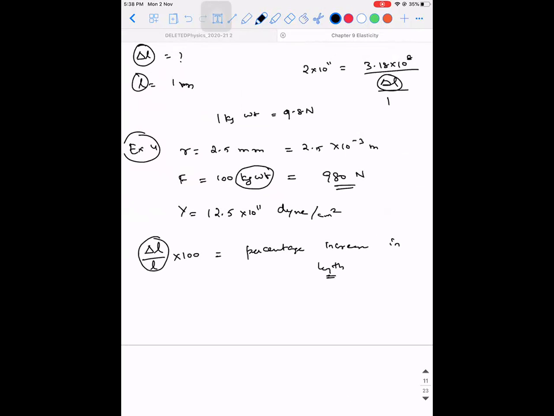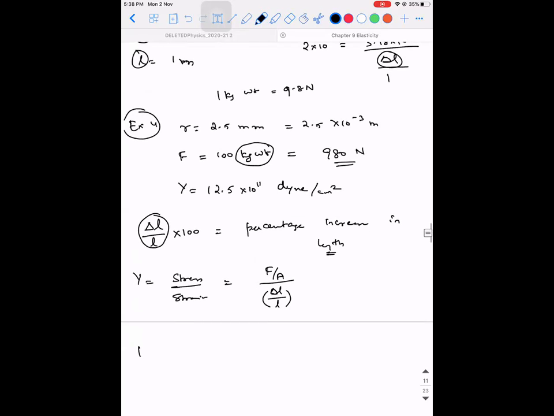So how to find delta L by L? Again, use the same formula. Y is equal to stress by strain. So to find the stress, you have F by A. Strain is delta L by L. So Y is 12.5 into 10 power 11. 1 dyne is how many Newton? 10 power minus 5. 1 centimeter square is 10 power minus 4 meter square.